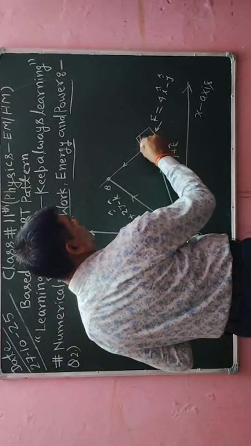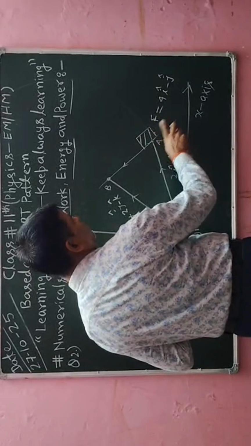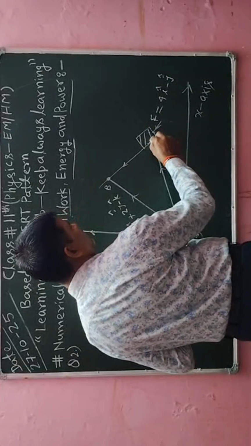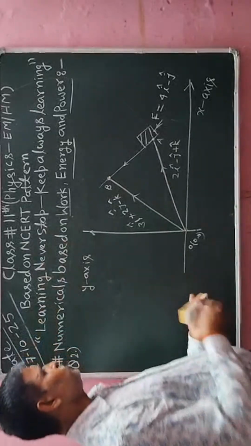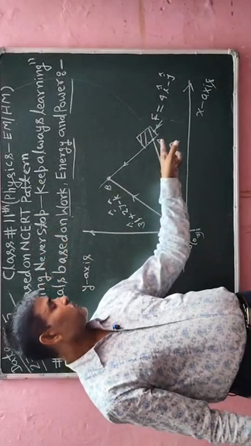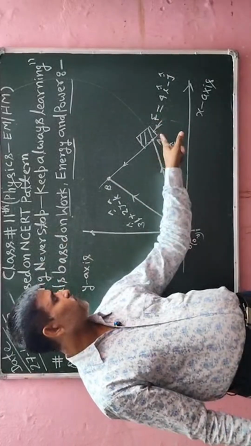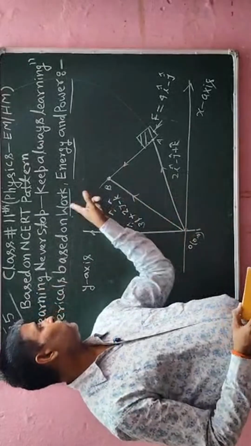Okay, so this is the object. On this object one force is applied, and it is moving from point A to point B. So we have to calculate the work done by this force from point A to B.